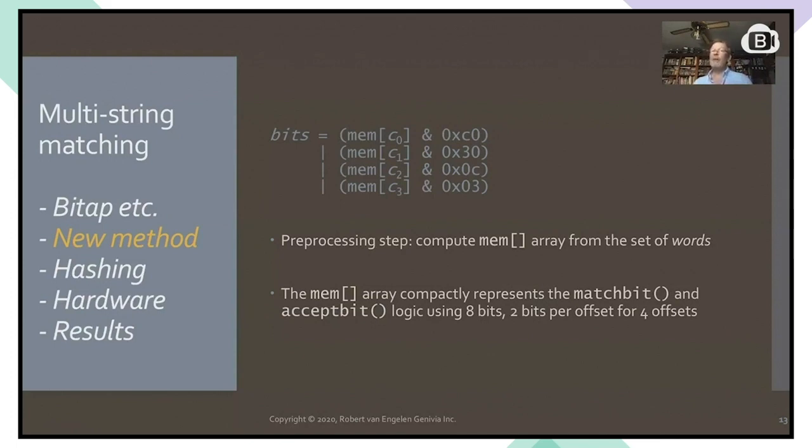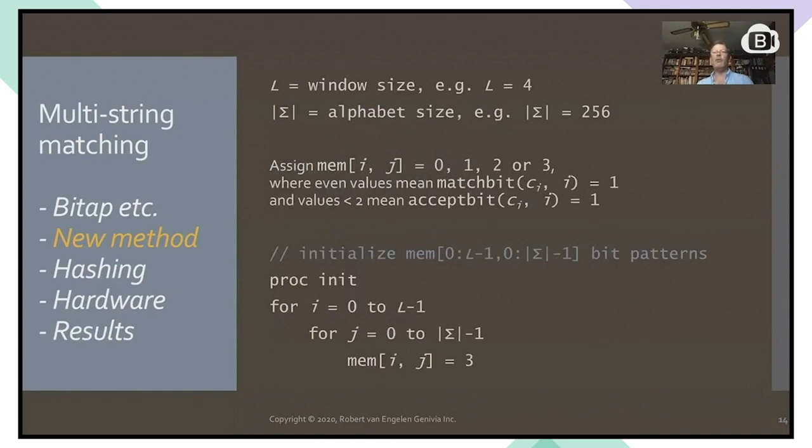But during the matching, none of that is relevant. For the prediction, none of that is relevant. Once you have a prediction, you still have to check if the prediction is correct. This is what all these methods do, because it's an approximate match, like BiTAP and Hyperscan. You still have to check if the word actually matches. But that's then cheap, because we ignore everything else and we just get straight to the point where we can perform that match.